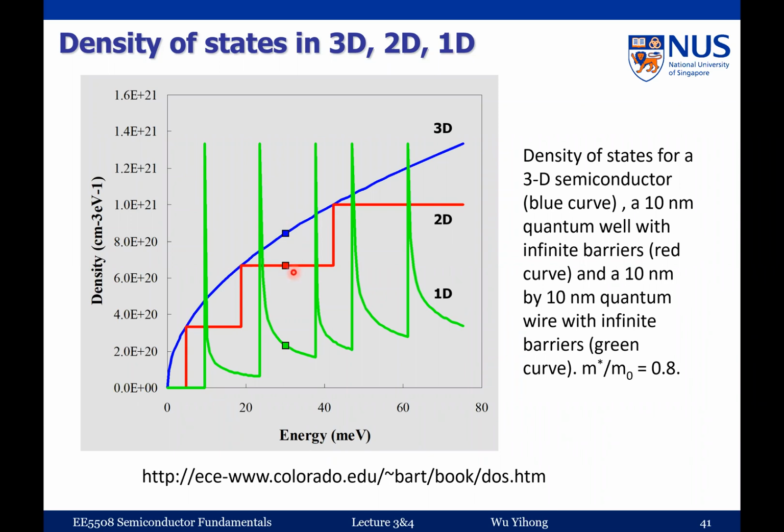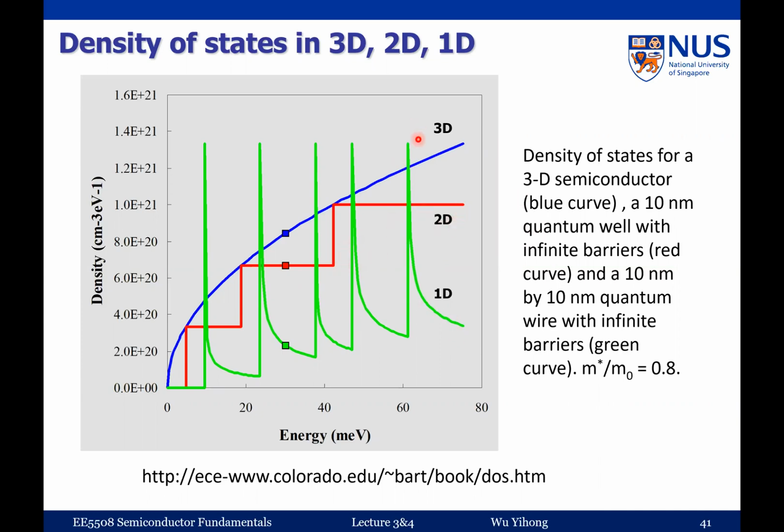Sometimes, for example, you want to make a semiconductor laser, and this property is very good because you don't need so many electrons in order to achieve the so-called population inversion, right? So in other words, the threshold for you to turn on the laser will be small. So this means that the laser will not generate so much heat, right? Anyway, I will not go into details, but you have many interesting properties for 2D systems.